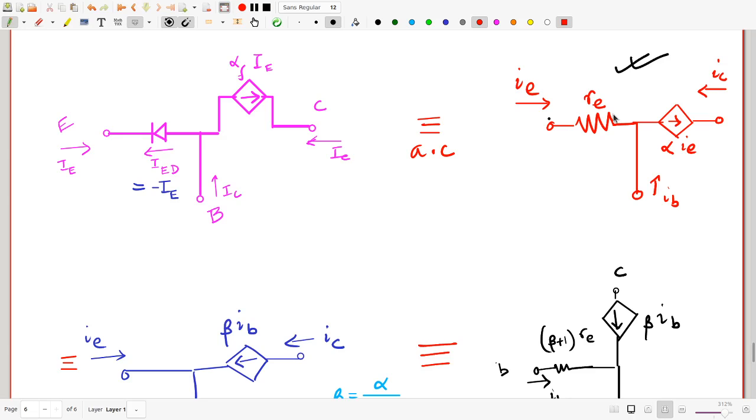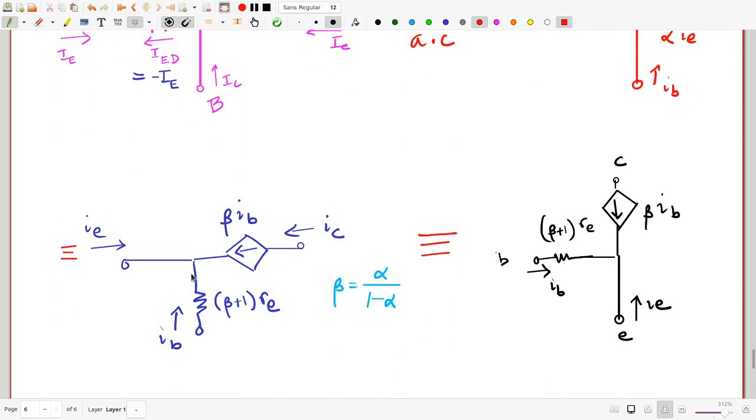The only thing you have to remember is IE and IB are two entirely different currents. And so now that you're putting the resistance here instead of here, to get the same drop, you will need to put a much bigger resistance. This is something which you should work out yourself. To get exactly the same drop, what you need to put in is RD times this extra factor, beta plus 1.